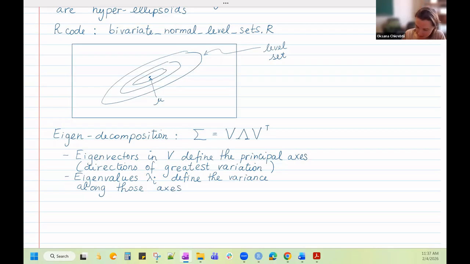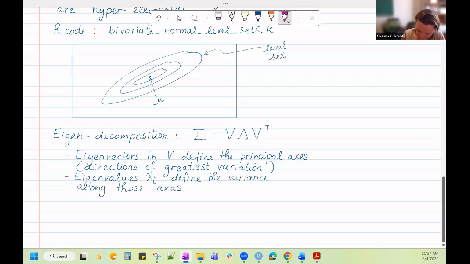So going back to our image from before, the eigenvector associated with the largest eigenvalue is shown here. And the eigenvector associated with the second largest eigenvalue is shown here.